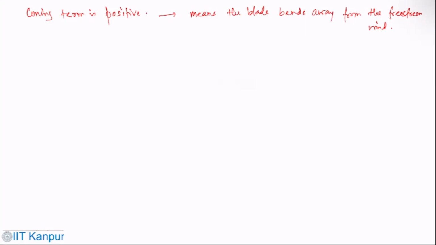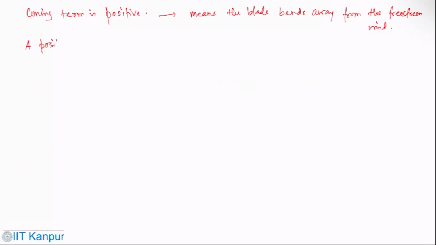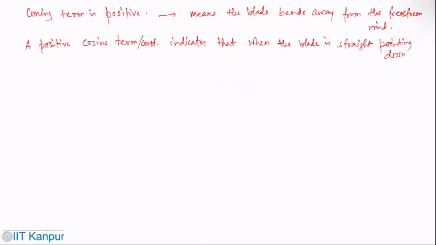Now, as per this figure that we have drawn, a positive cosine term or cosine constant indicates that when the blade is pointing straight down, it is pushed further downwind.